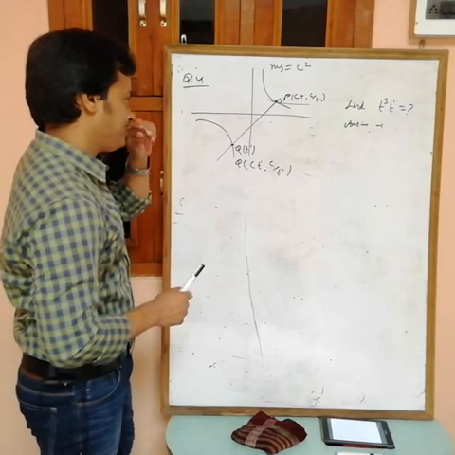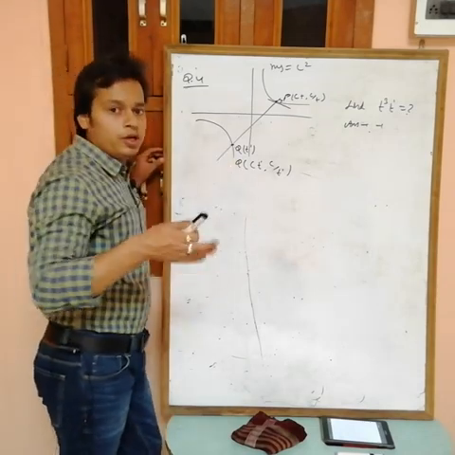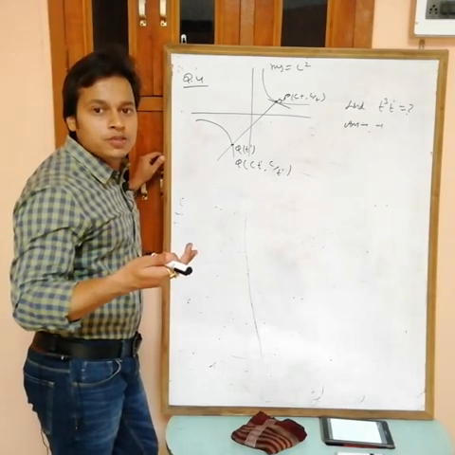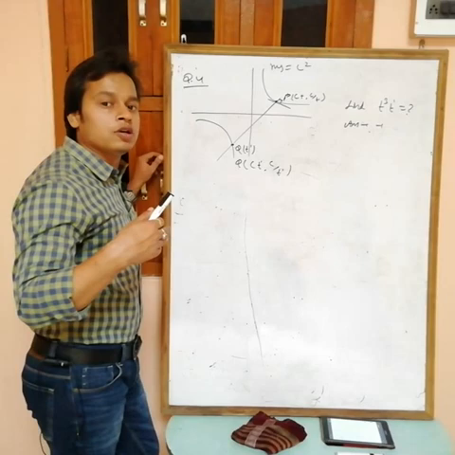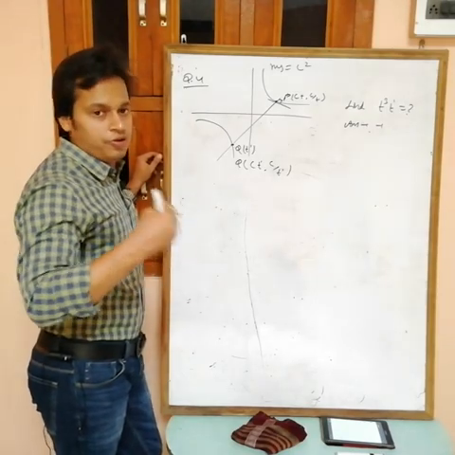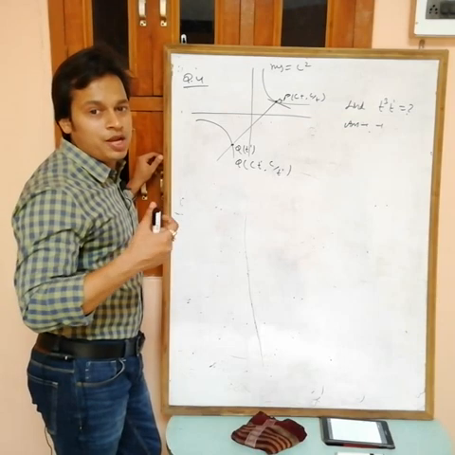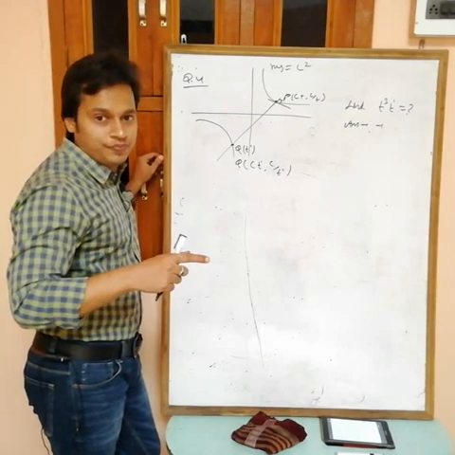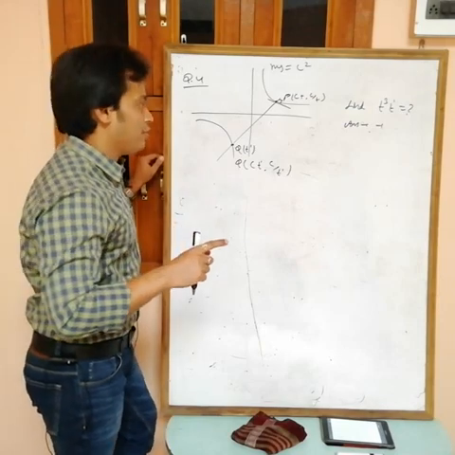Now we want the relation. This is the normal. We know that the slope of the normal is minus 1 by dy/dx, and dy/dx represents the slope of the tangent.